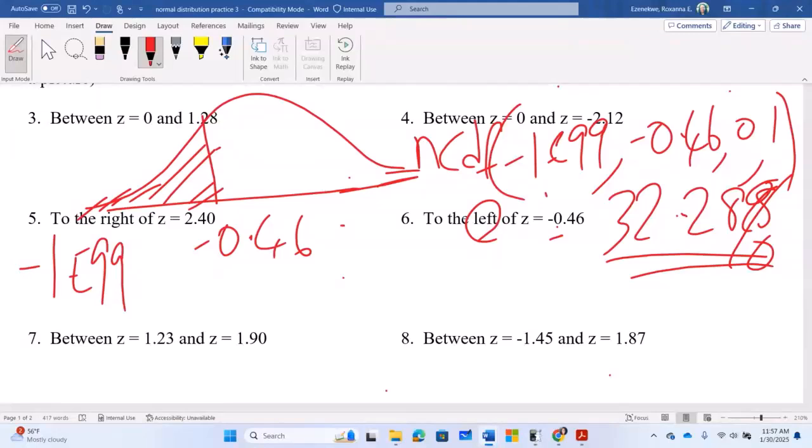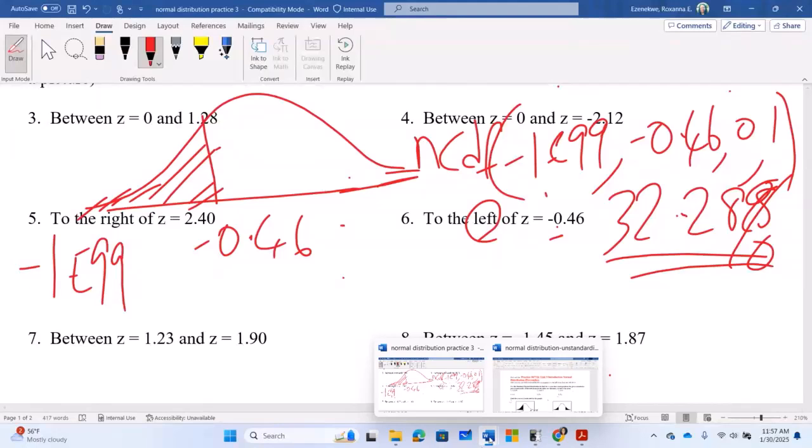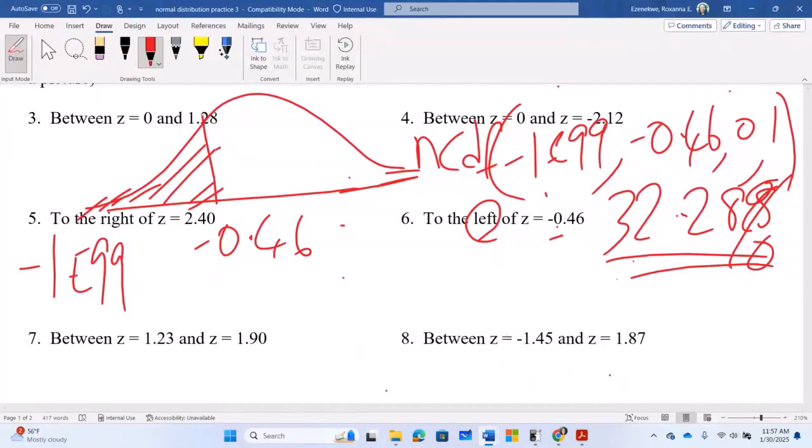So I want us to use this worksheet to practice how to calculate the area under the normal curve using the empirical rule, using the calculator, and using the charts. Everybody needs to know how to do this. I wouldn't go further than this because it's new to us. We want to make sure we get it.